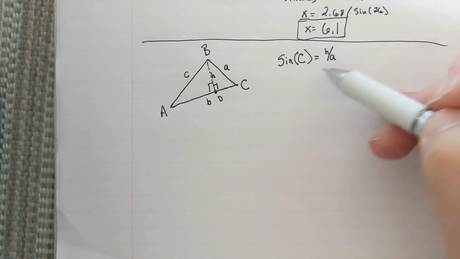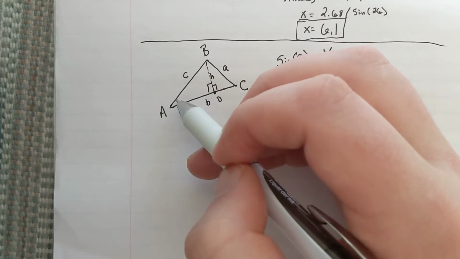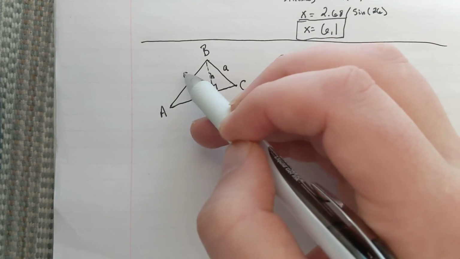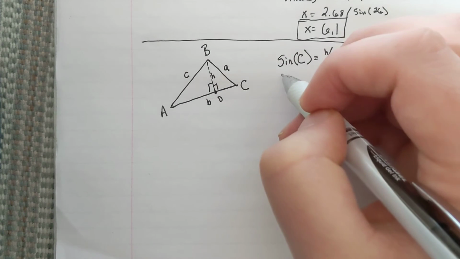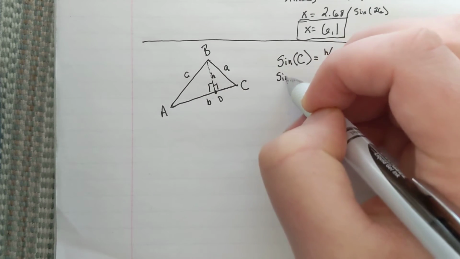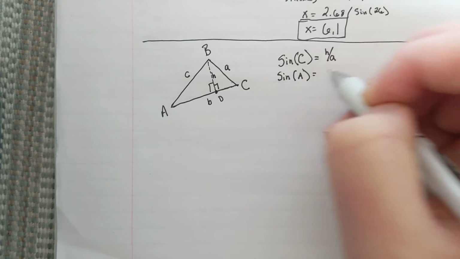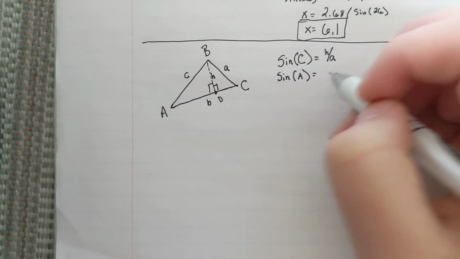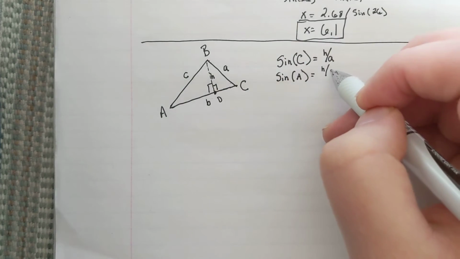Then once I found that, remember I solved for H, and then I had the height. Then I tried to find this length here using this angle and the height that I found. So if I set up that sine equation, I have sine of angle A equals the height of this triangle over, now I was trying to find this length, which in this case is represented by c.